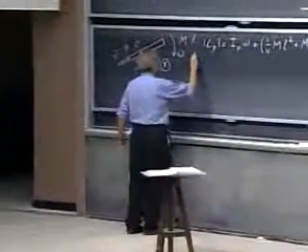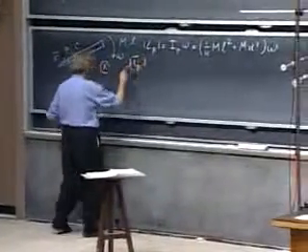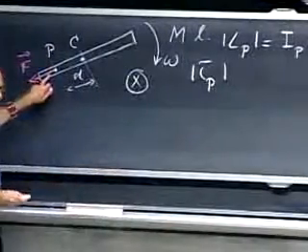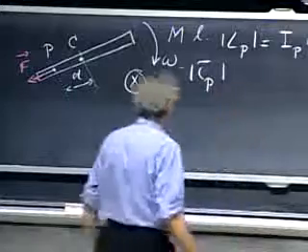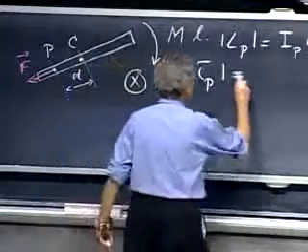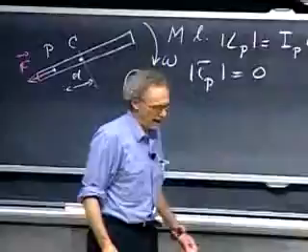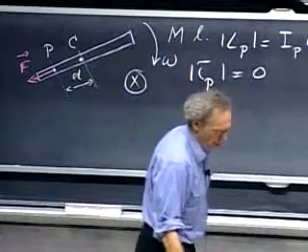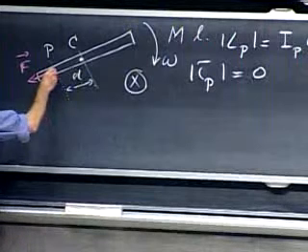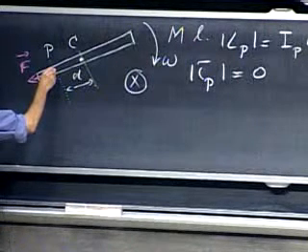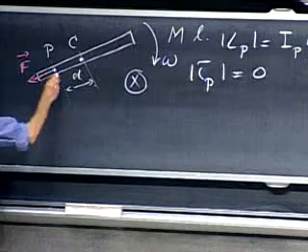So if I take the torque relative to point P, I do not worry about this force. Well, the torque relative to that point P is 0, and so it's clear that angular momentum relative to point P must be conserved. Angular momentum relative to point P is conserved. Take any other point, doesn't matter which one you take.